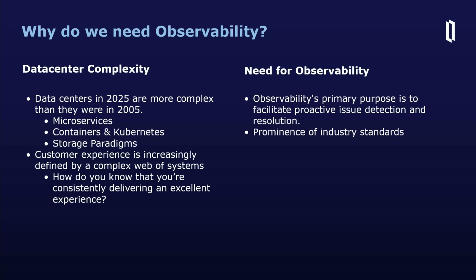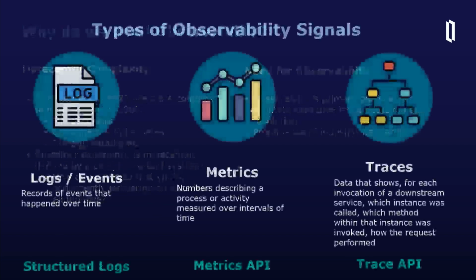And this really complicated the process of understanding what your systems are doing and how they're performing. It complicated the process of diagnosing problems. So what are we really talking about when we talk about observability?